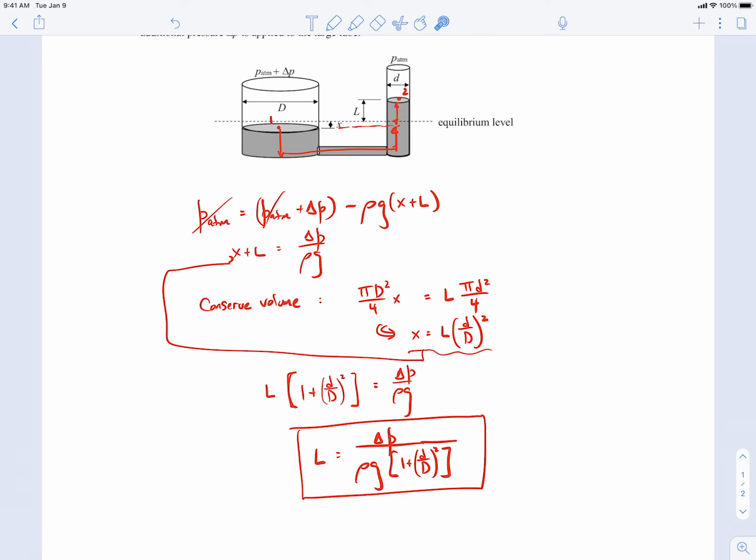We're assuming the liquid is incompressible, so it's just like conserving mass. The volume that we push down here from that dashed line will be pi capital D squared over 4 times X. By conserving volume, that's the same volume that would move up here, which would be pi little d squared over 4 times L. So that's how we got to this point, and after that it's just algebra. Okay, we'll go ahead and end it there.